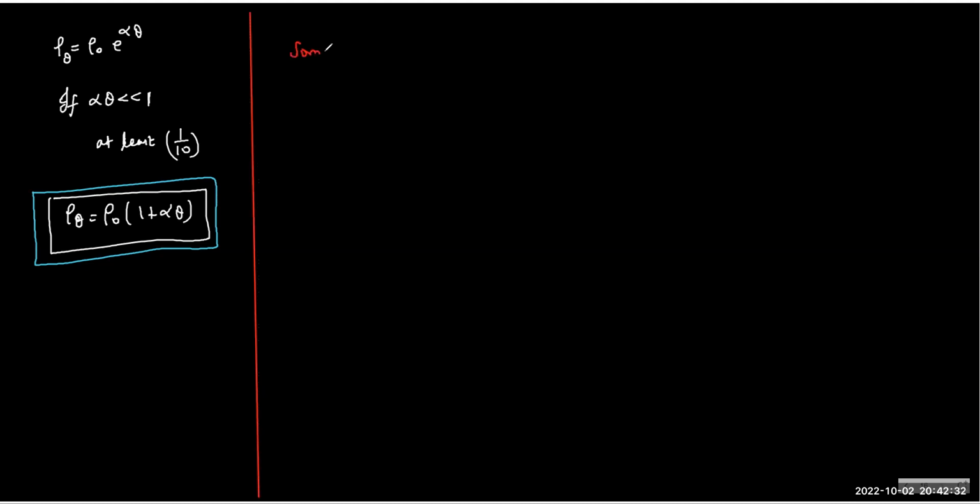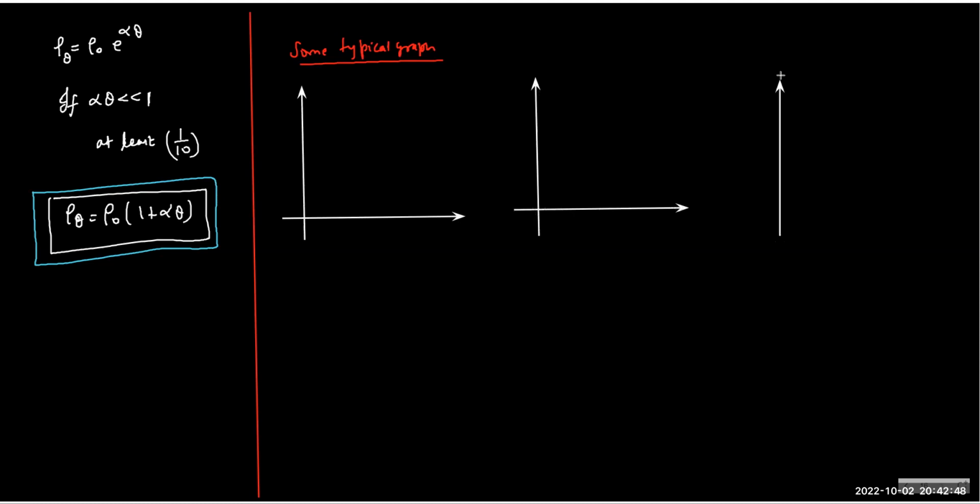Some typical graphs. So we have three graphs, which I'm drawing between resistivity and absolute temperature.